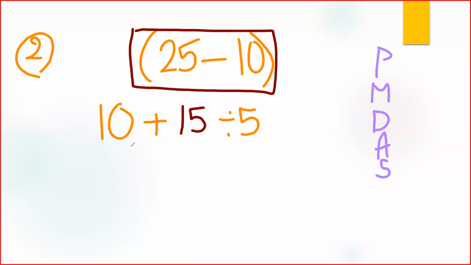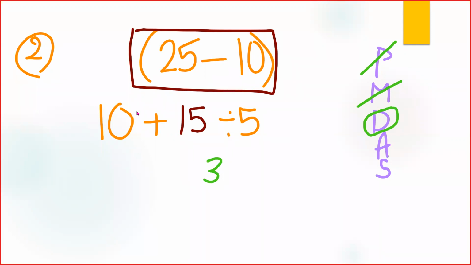We have 10 plus 15 divided by 5. Is there a parenthesis here? Multiplication? No. Divide? Yes. Bravo. So now 15 divided by 5 is 3. Bravo.